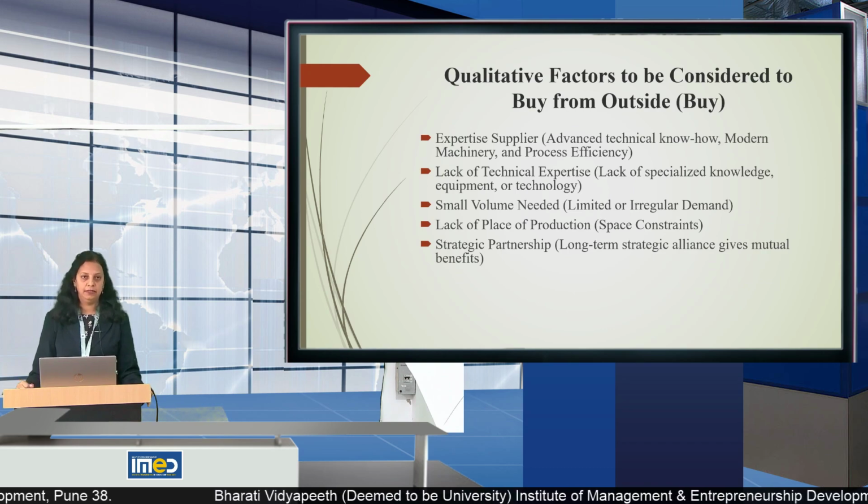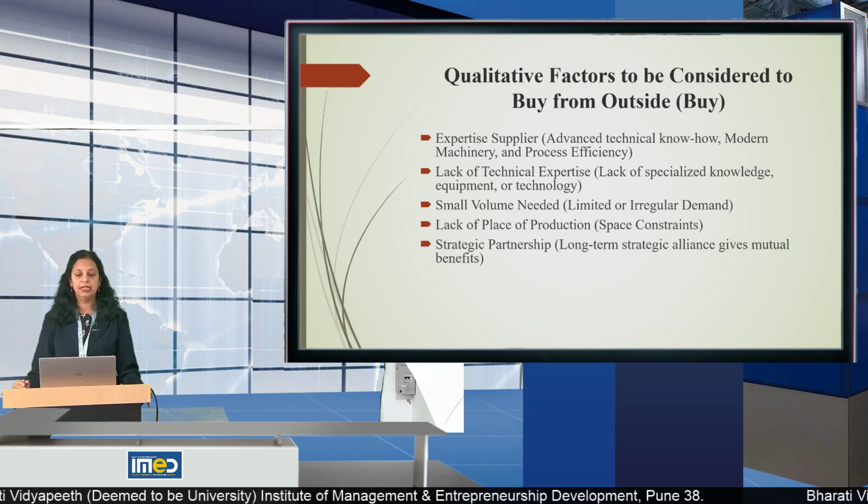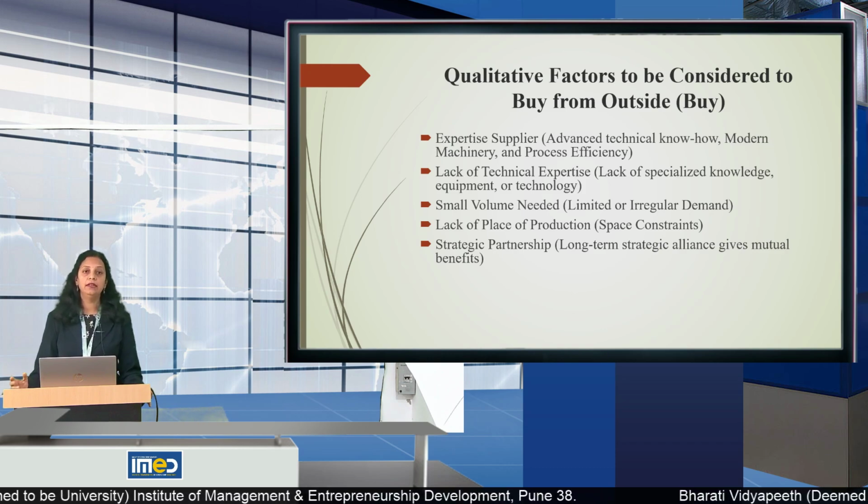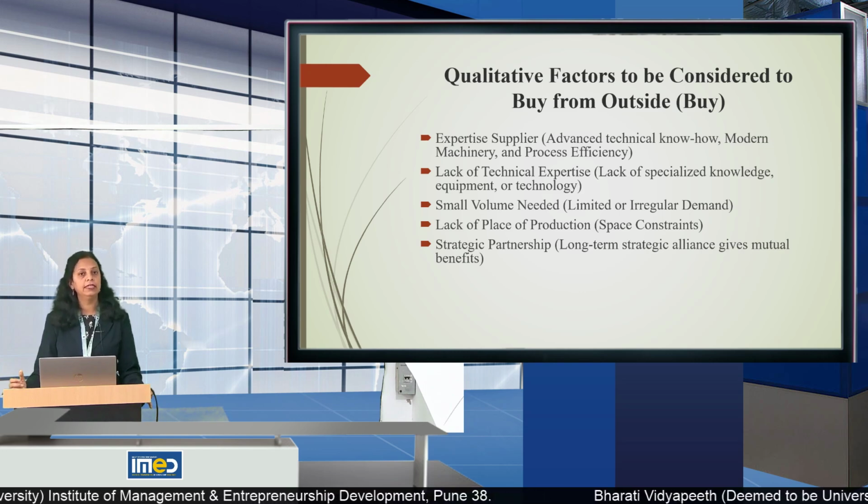Now, on the other side, the qualitative factors to be considered to buy the product from outside. Sometimes the suppliers have the expertise, that they have advanced technical know-how, modern machinery and process efficiency. In that case, you can outsource it and get the advantage of that technical know-how. Then there is lack of technical expertise.